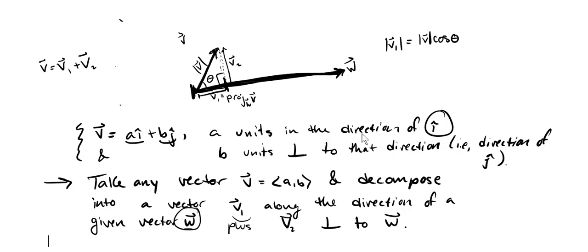We can rewrite this cosine using some dot product formulas. Cosine of theta, when theta is the angle between vectors w and v, is v dot w over the product of the magnitudes of the two vectors.